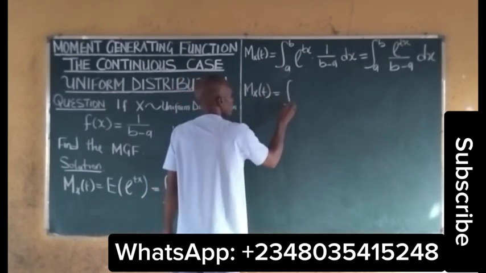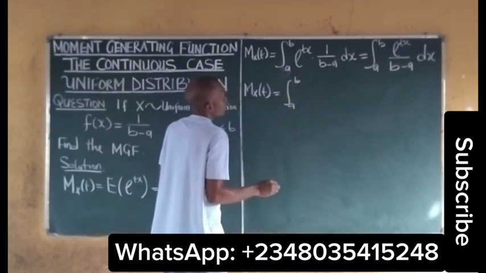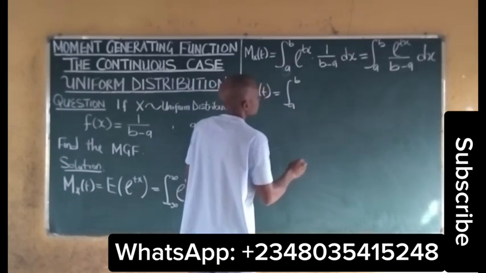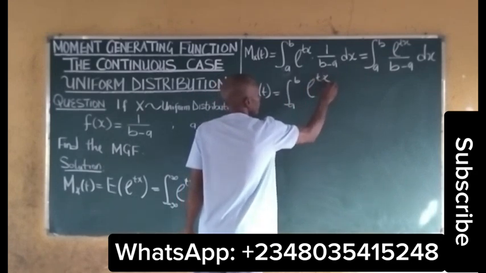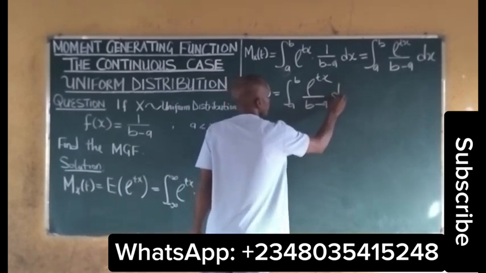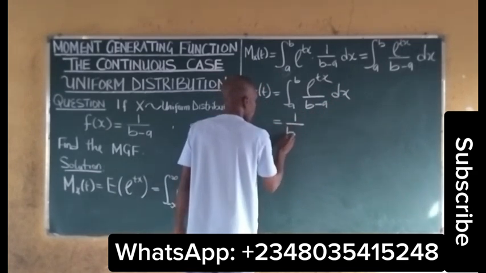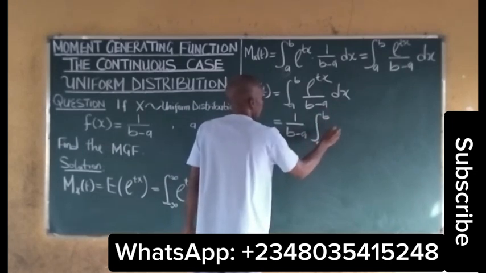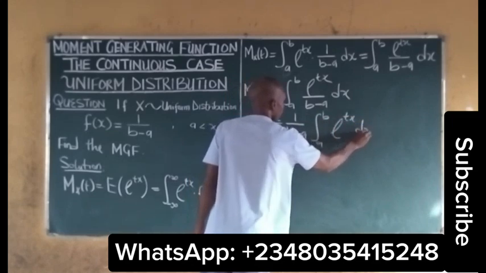Also, the moment generating function is equal to the integral from a to b of exponential tx all over b minus a dx. We'll bring it out, 1 all over b minus a, times the integral of exponential tx dx.